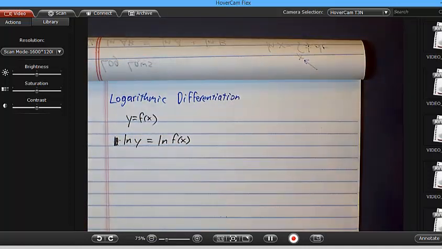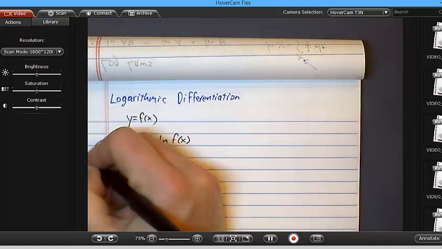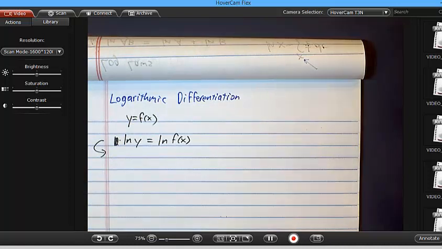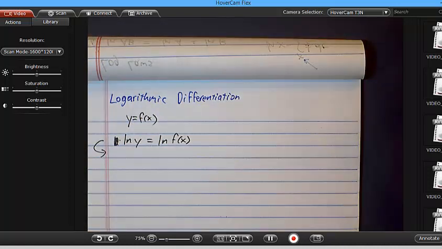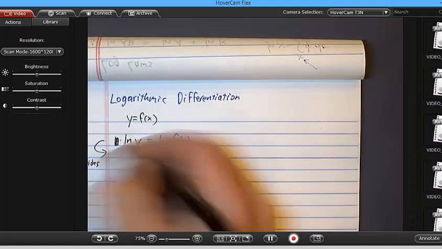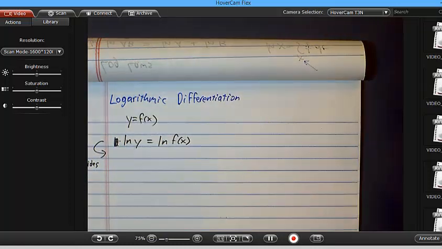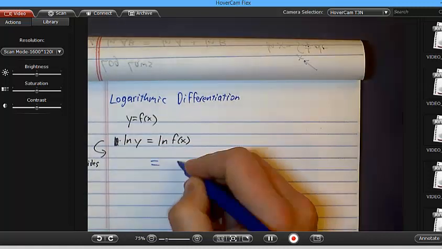Now take the derivative of both sides. Actually, you know what this is like? Do you remember when we did what's called implicit differentiation? That's really what we're doing here. But we're first of all taking the log of both sides. Now, what happens on the right is you get stuff.